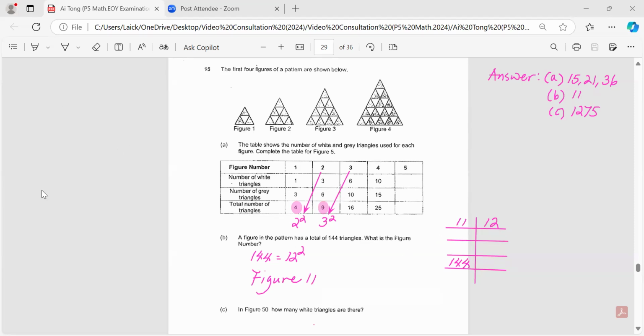So this is the figure number. And this is the total number of triangles.